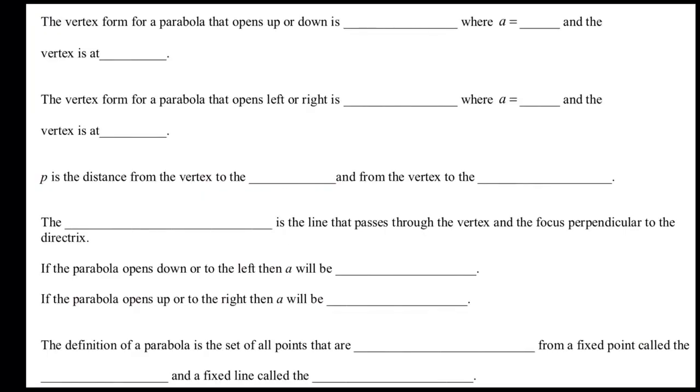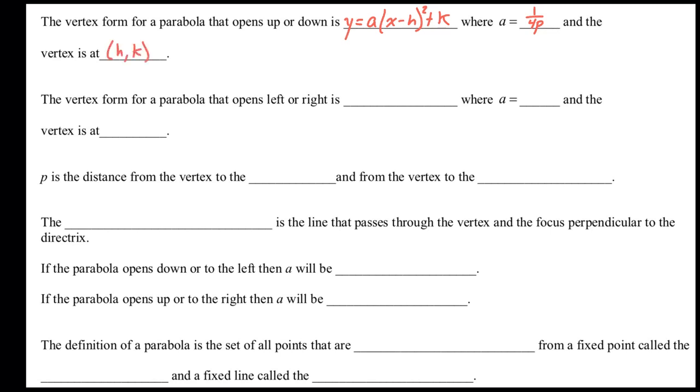All right, so let's fill in some information here using the knowledge that you have now. The vertex form of a parabola that opens up or down is going to be in the format y is equal to a times (x minus h) squared plus k, where a is equal to 1 over 4p, and the vertex is going to be at (h, k).